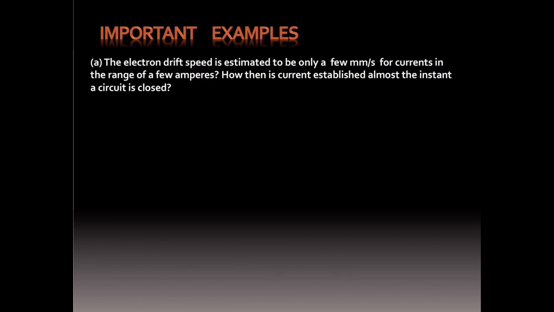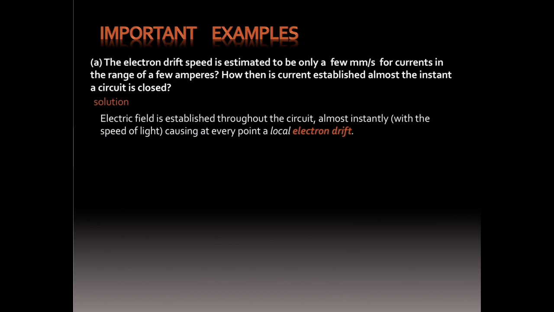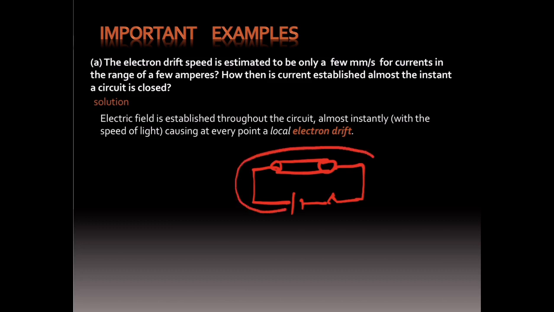So the answer is, the electric field is established throughout the circuit with the electromagnetic wave. So if you see the conductor, and in the conductor you have a switch, if you press the switch, the electric field will be set up across the conductor with the speed of light, and that's why the response is instantaneous.